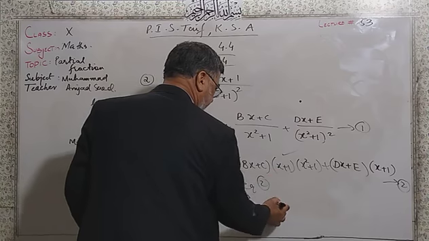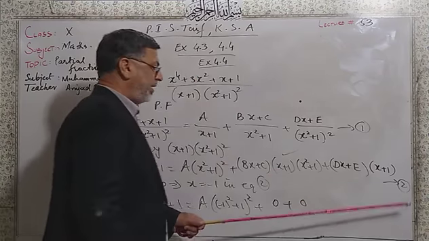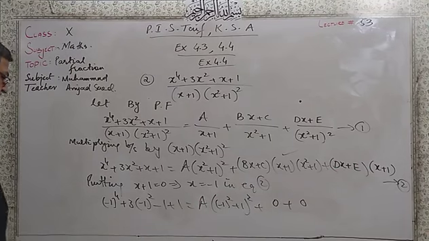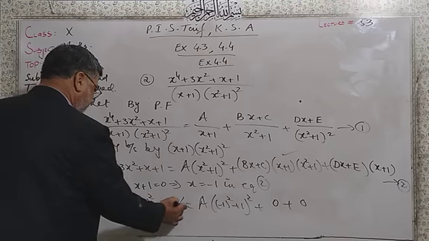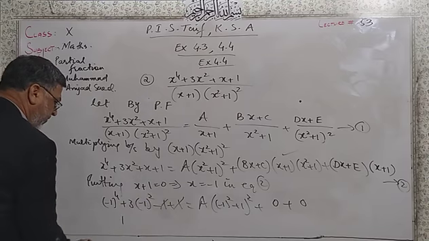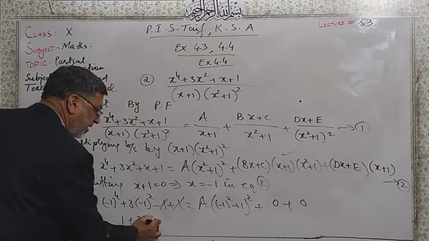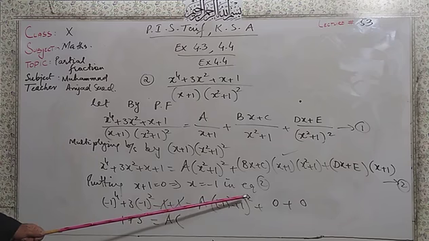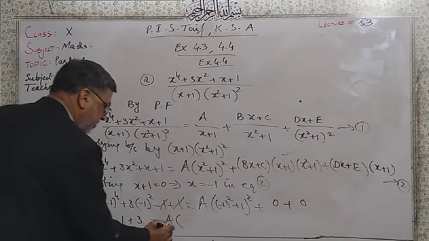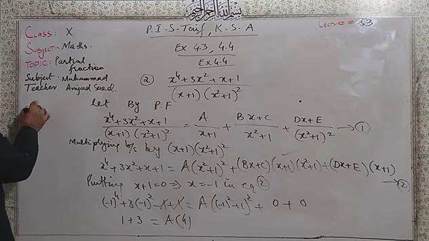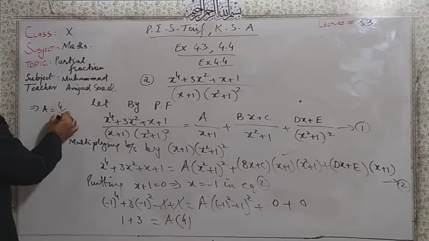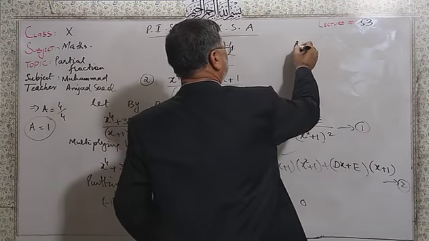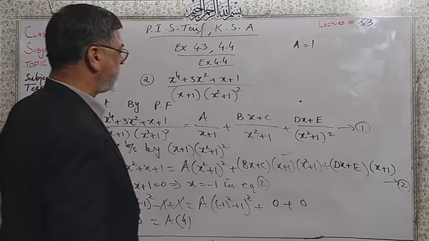So this is multiplied by 0 and the third term, x plus 1, is also 0. Plus 1 minus 1 cancelled out. We have 1 plus 3 equal to A into minus 1 squared is 1, 1 plus 1 is 2, 2 squared is 4. So we have A equal to 4 by 4 and A is equal to 1. So we have one constant as A equal to 1.